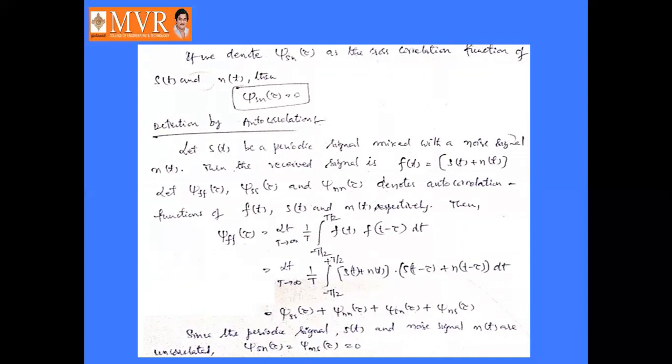By multiplying this out, we will get chi ss of tau plus chi nn of tau plus chi sn of tau plus chi ns of tau. Since the periodic signal s of t and noise signal n of t are uncorrelated, chi sn of tau and chi ns of tau are both equal to 0.